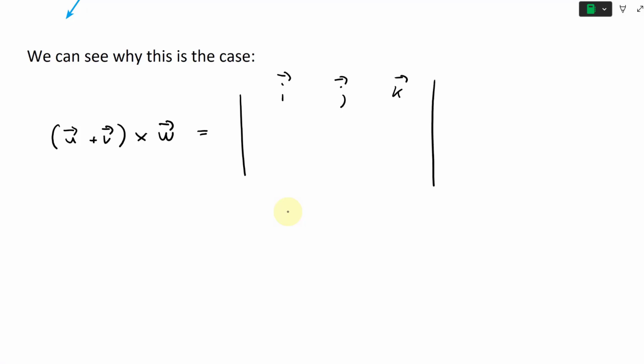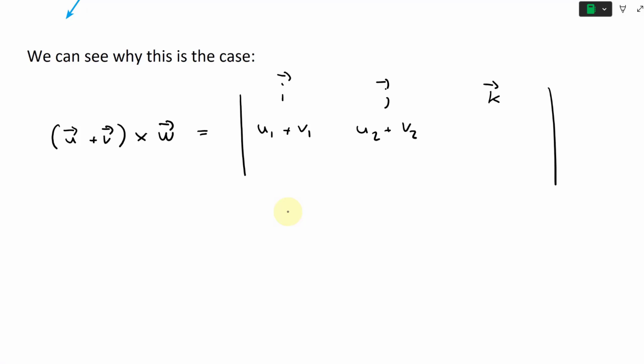Now u plus v, so all the components are added together: we're going to have u1 plus v1, then u2 plus v2, and then u3 plus v3, and for w we have w1, w2, and then w3.